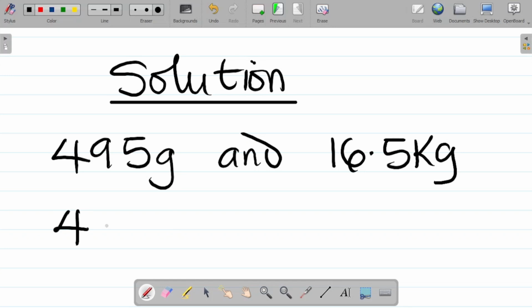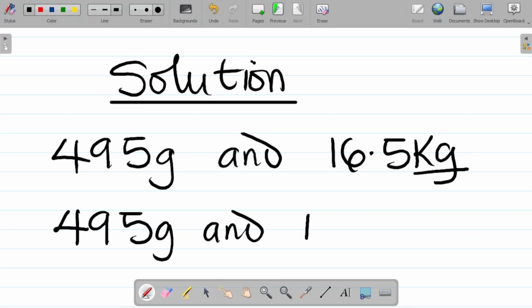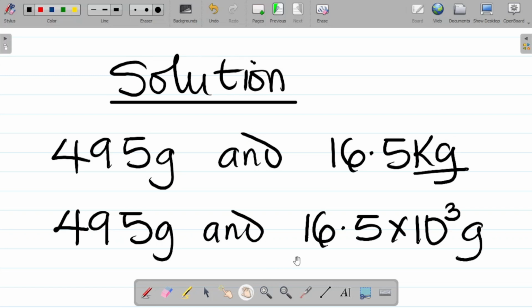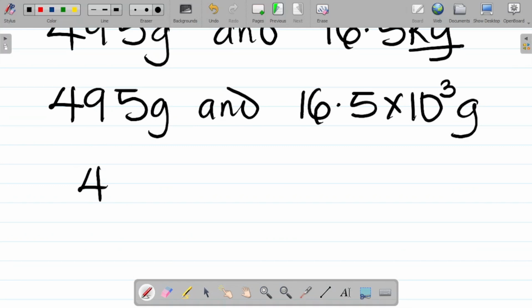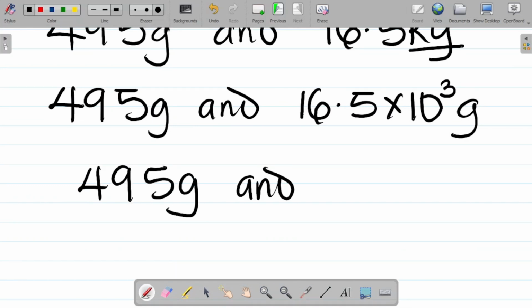This is 495 already in grams, and to convert from kilogram to grams, we'll multiply by 1000. So 16.5 kilo becomes 16.5 times 10 to the power 3 gram, which is simply equal to 16,500 gram.